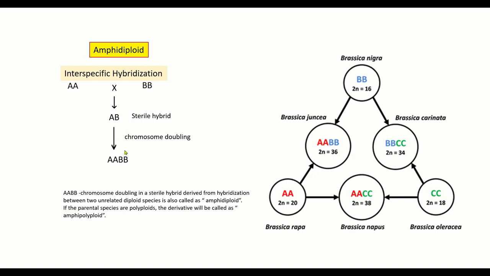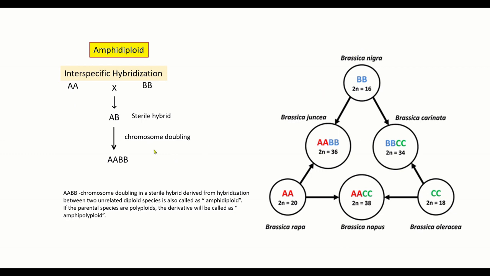By doubling the chromosome number, we can make it a fertile hybrid. In a sterile hybrid we won't be able to get seeds, and growth and development will be very degenerated. If we double the chromosome number, there will be an increase in vitality and vigor, and then the seeds, which is the most important thing.